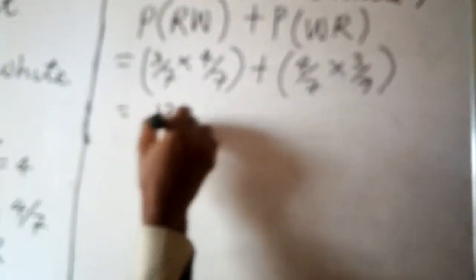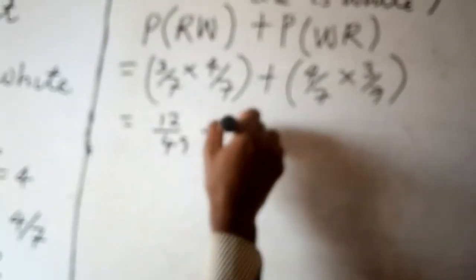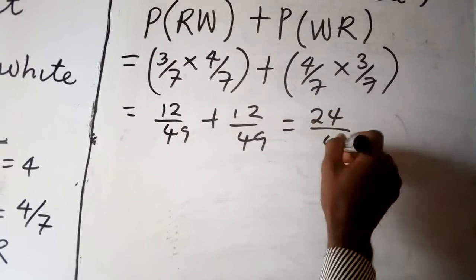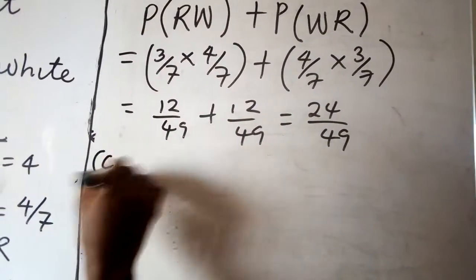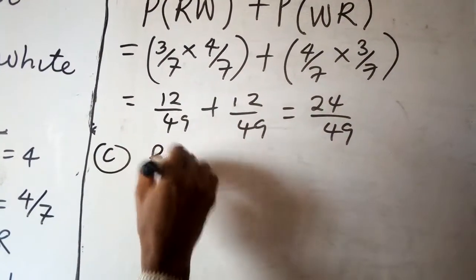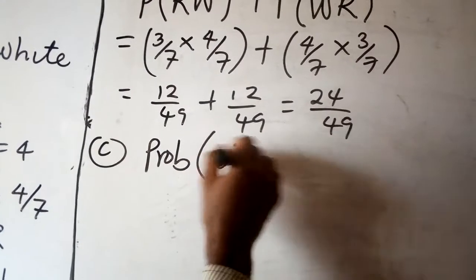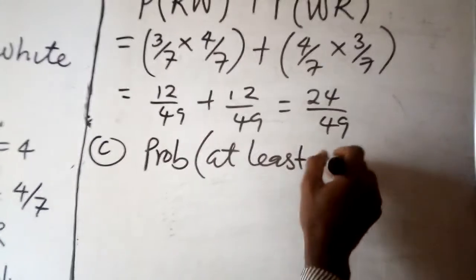So this is 12/49 plus 12/49. That gives us 24/49.